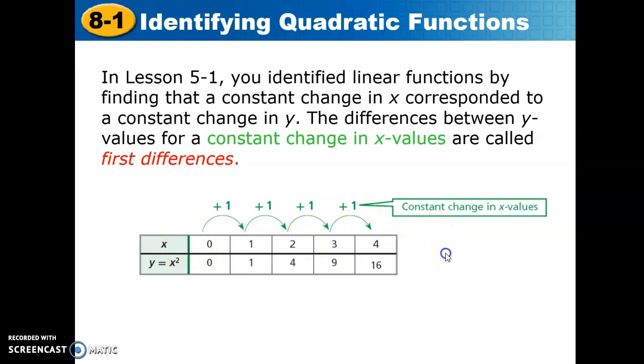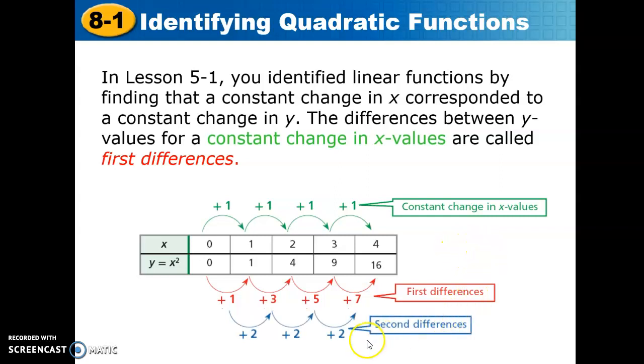When you go to your y values, this is a little different. You're increasing by 1, then 3, then 5, and then 7. Those are called our first differences. That's the first step of the problem.